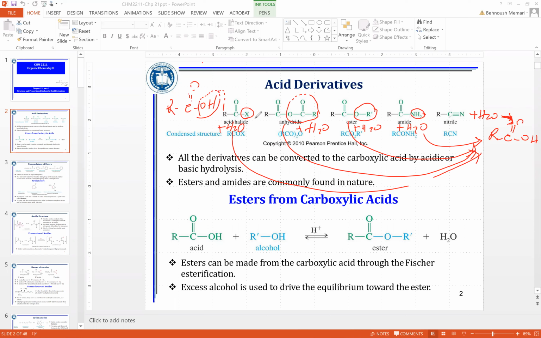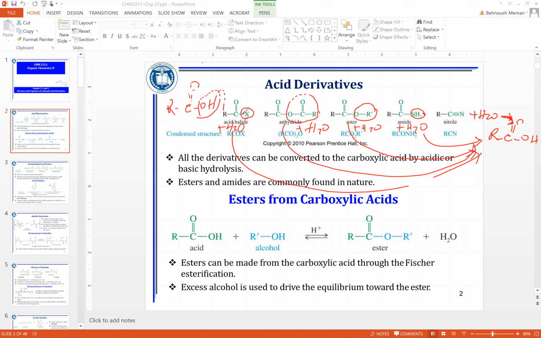So all these reactions separately would count as preparation of carboxylic acid, or you can see the definition for carboxylic acid derivatives as the compounds that, when you hydrolyze them, go to carboxylic acid and another organic or inorganic byproduct.